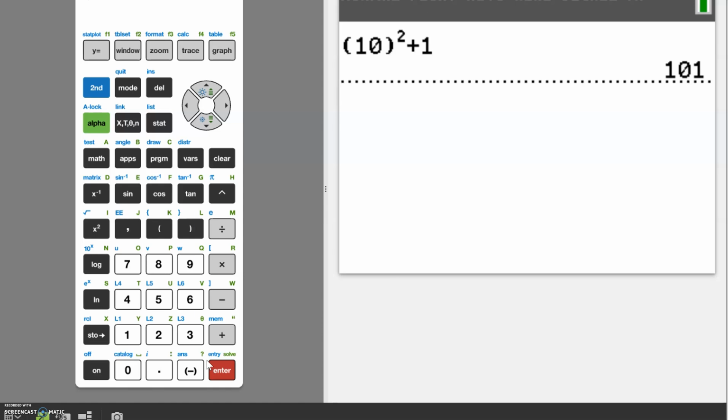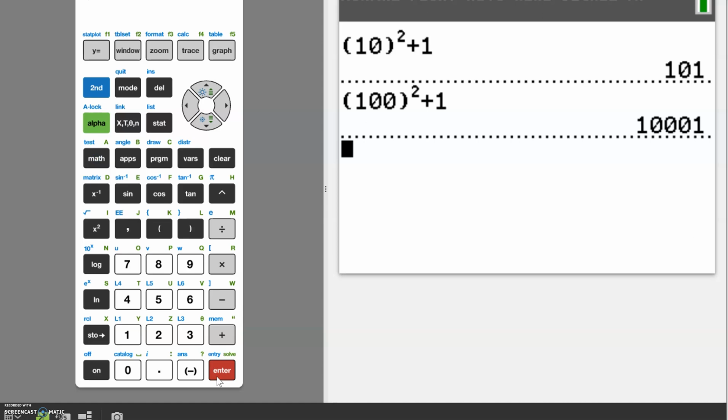Now, I'm going to make this input start getting very, very large positive, right? So what happens if that 10 becomes a 100 and I square it and then add 1? It's another very, very large positive value. What happens when I square 1,000 and then add 1?